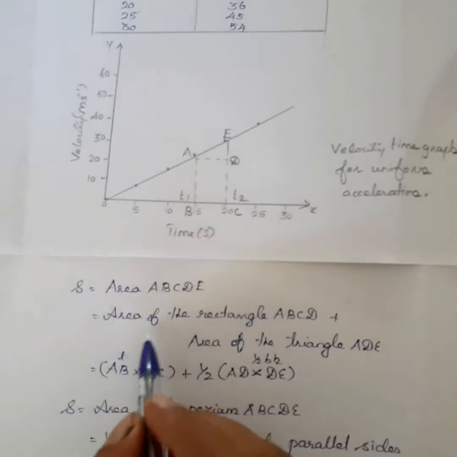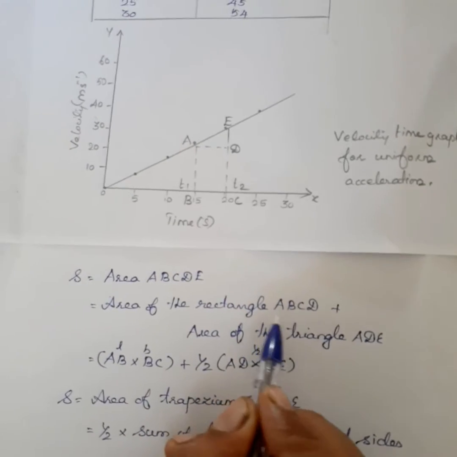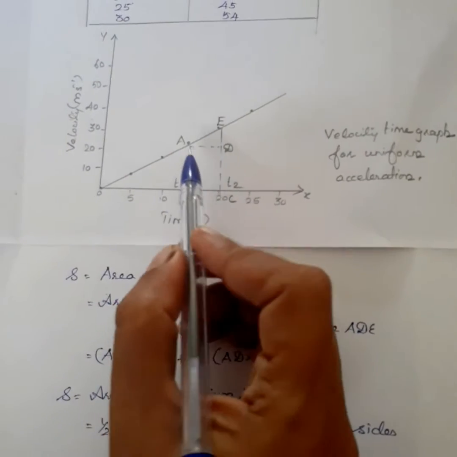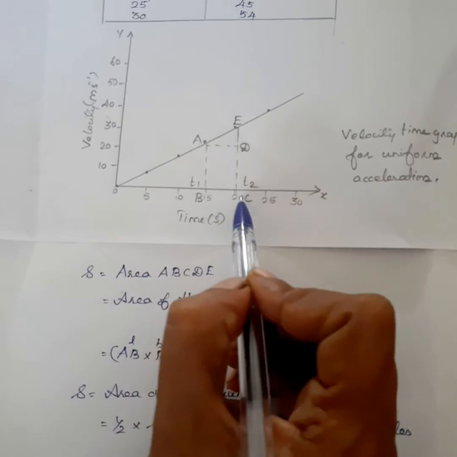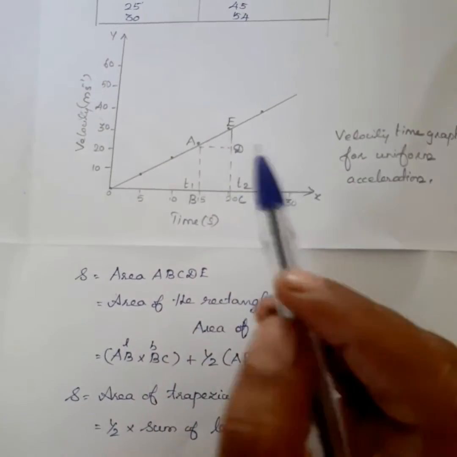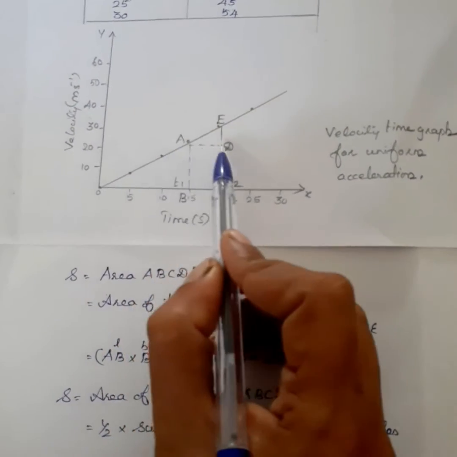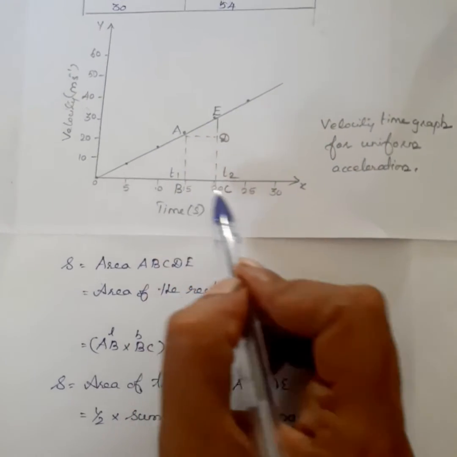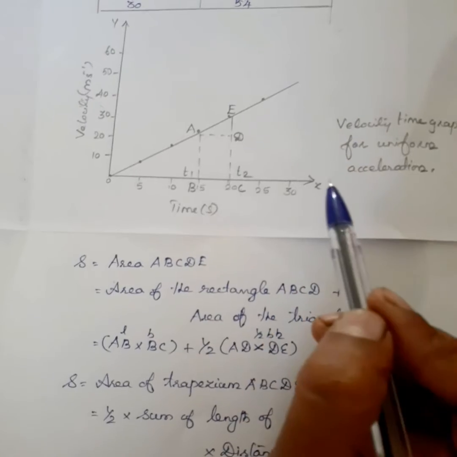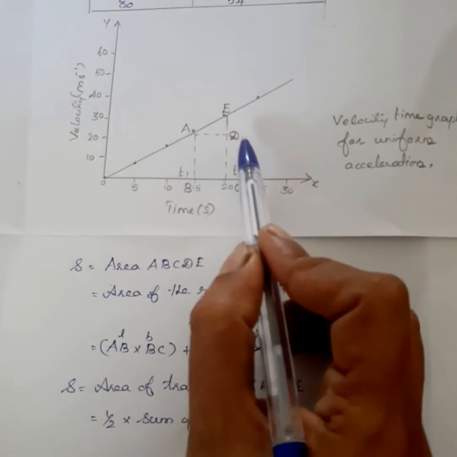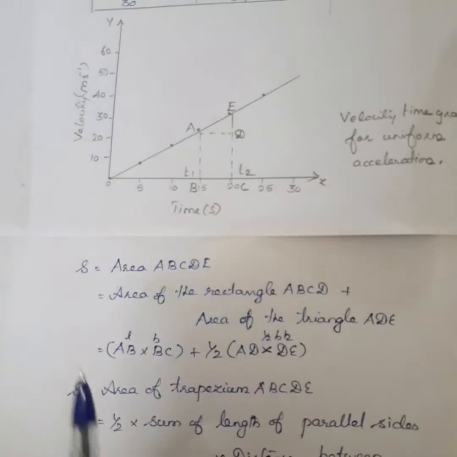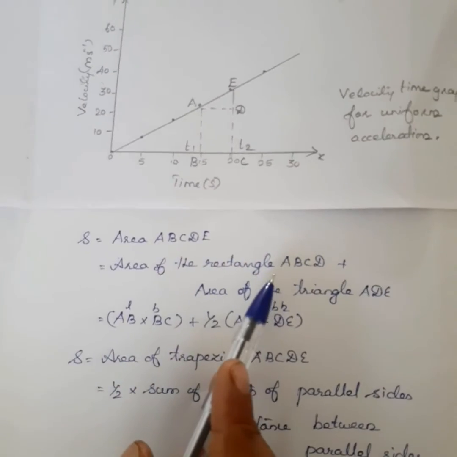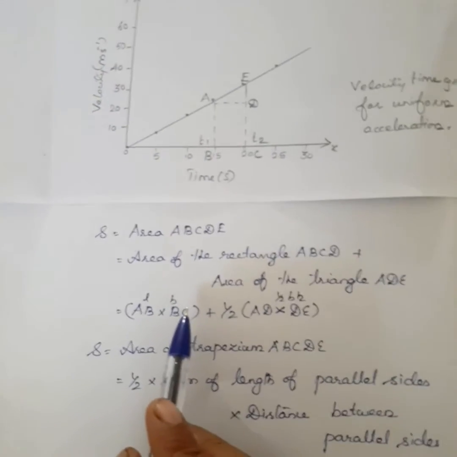That is equal to the area of rectangle ABCD plus area of triangle ADE. Now, area of rectangle formula is L into B, length into breadth.